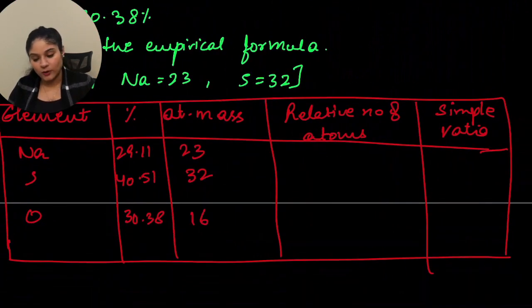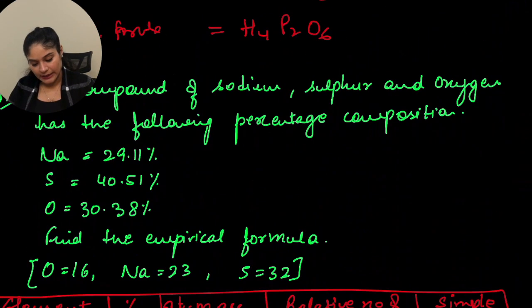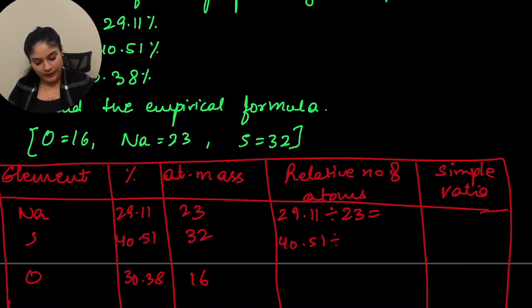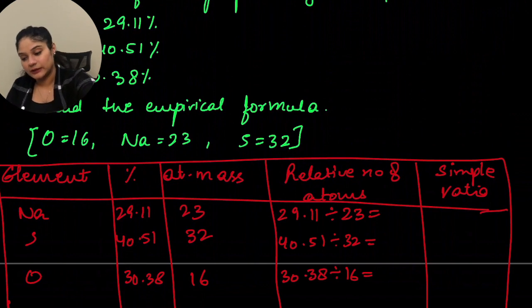So relative number of atoms will be how much? That is 29.11 divided by 23, 40.51 divided by 32, 30.38 divided by 16. Let me just quickly calculate that.